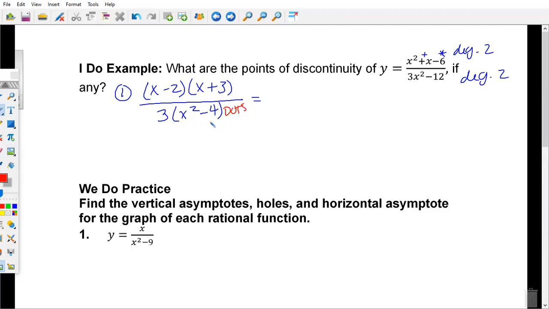Anyone remember this special case for factoring? Difference of two squares. What that means is that when you factor it, it can be factored again. So it becomes x - 2 and x + 2. A little bit of factoring.